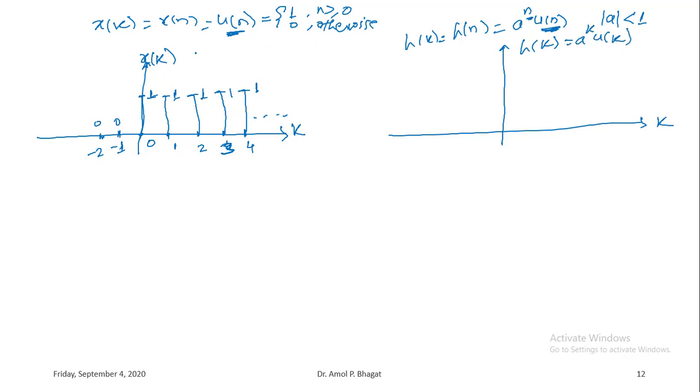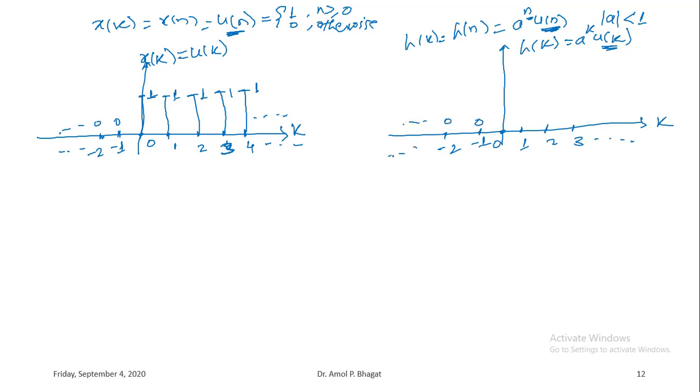Since it is multiplied with u of k, it will only exist for positive values of k, and for negative values of k, again it is 0.